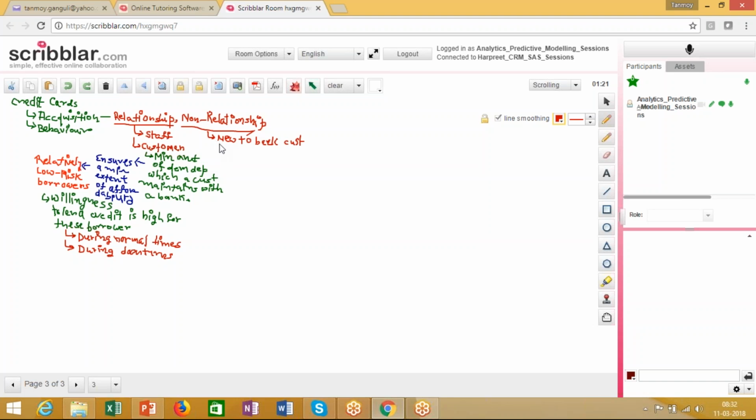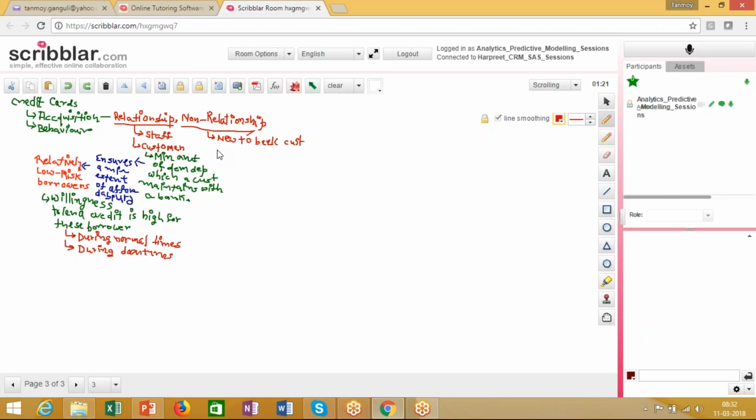So this is one of the sources from where acquisition risk might arise, in terms of affordability and reliability.